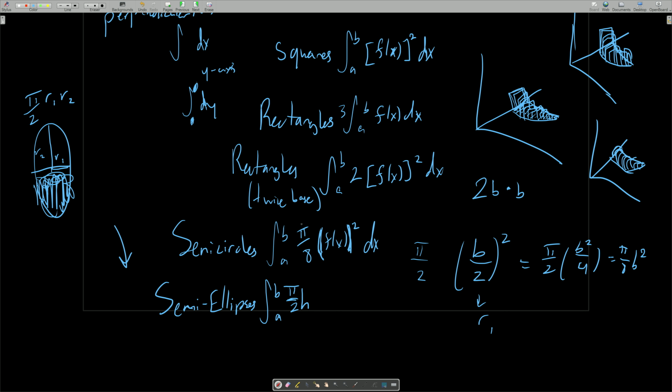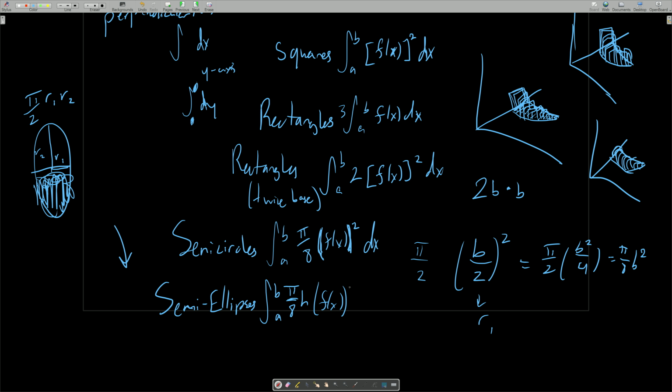It could be twice the base, or a height of 3, or a height of 2, or anything like that, times f(x) over 2 squared, or I can more easily write that out as pi over 8 times h times f(x).